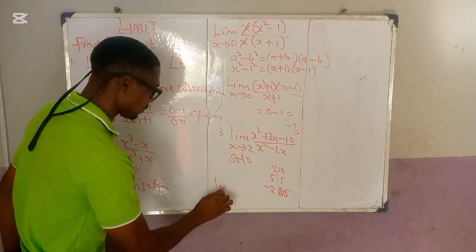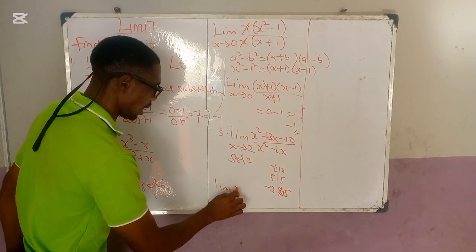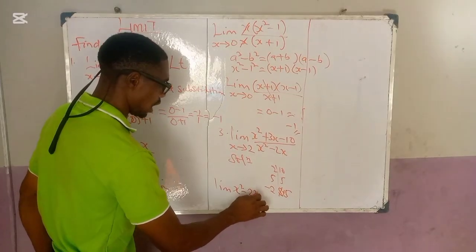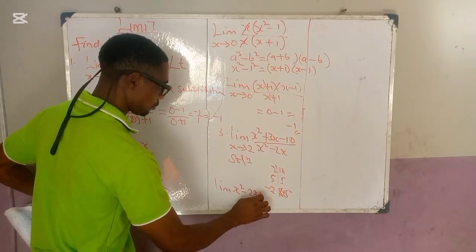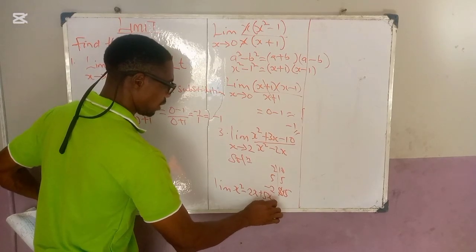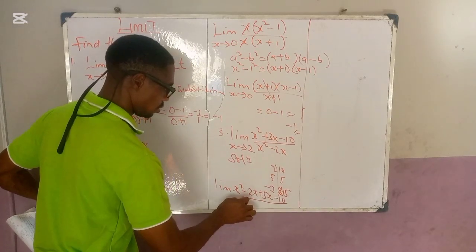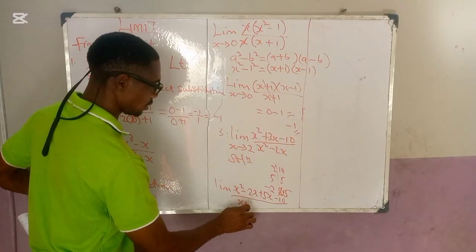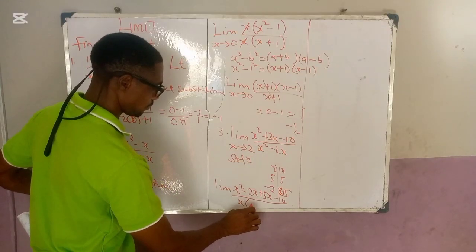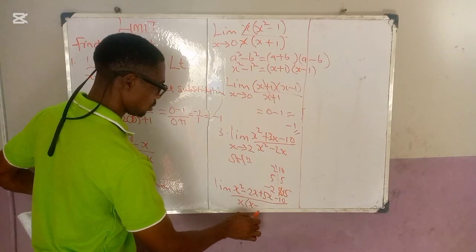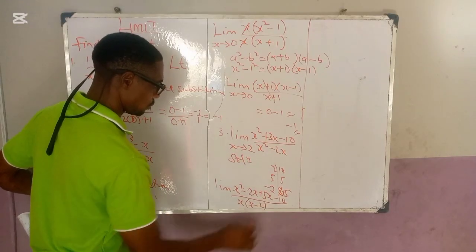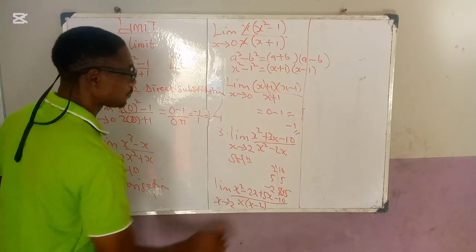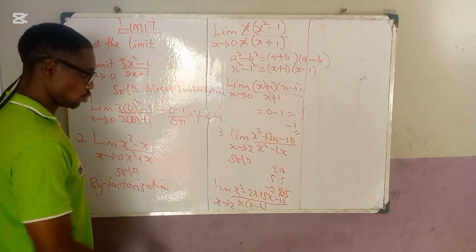So I have the limit of x^2 - 2x + 5x - 10 over, factorize this as well, bring out the x, x minus 2, as x tends to 2.